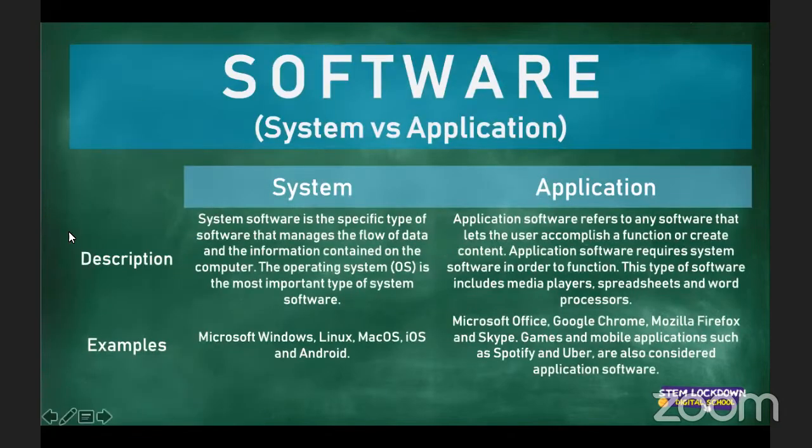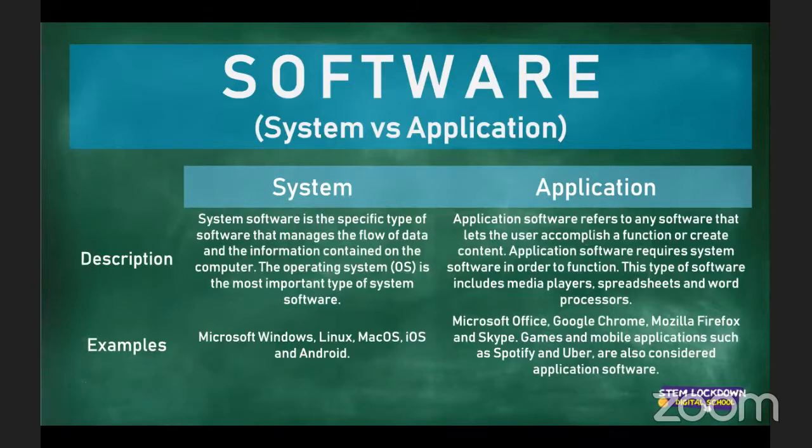Okay, so this is the difference between system software and application software. So system software is the specific type of software that manages the flow of data and information contained on the computer. So the most important type of system software would be your operating system.